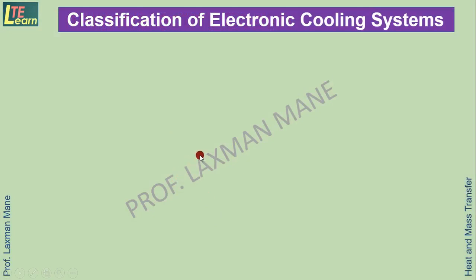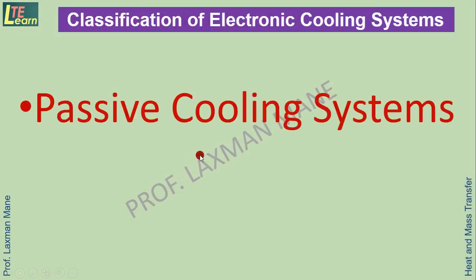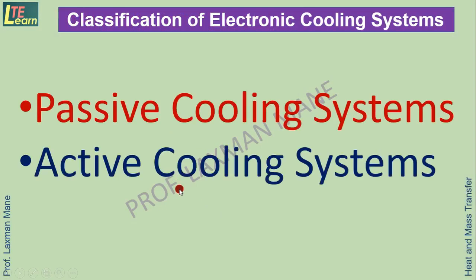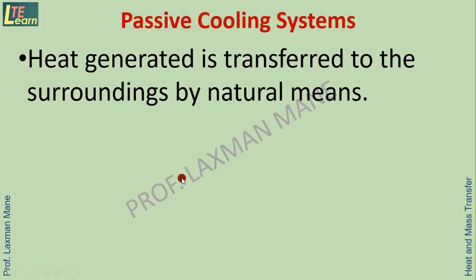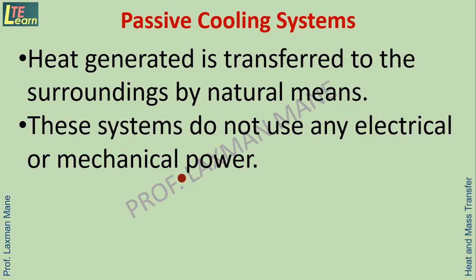Mainly, electronic cooling systems are classified into two types: passive cooling systems and active cooling systems. In passive cooling systems, the heat generated is transferred to the surroundings by natural means. This system does not use any major electrical or mechanical power, meaning a huge amount of power is not required.